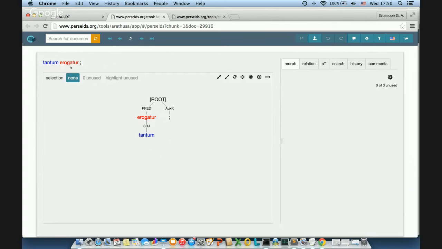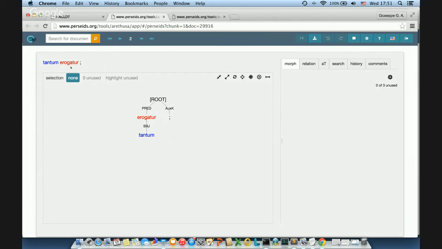Otherwise, it wouldn't be a benefit anymore. Okay, it wouldn't be something liberal. So what this sentence says is, again, benefaction is simply given.